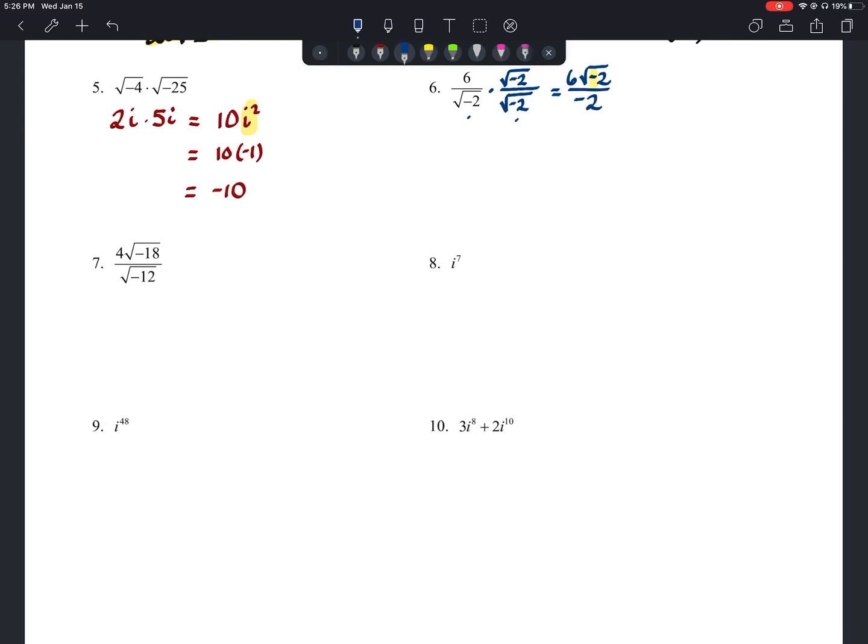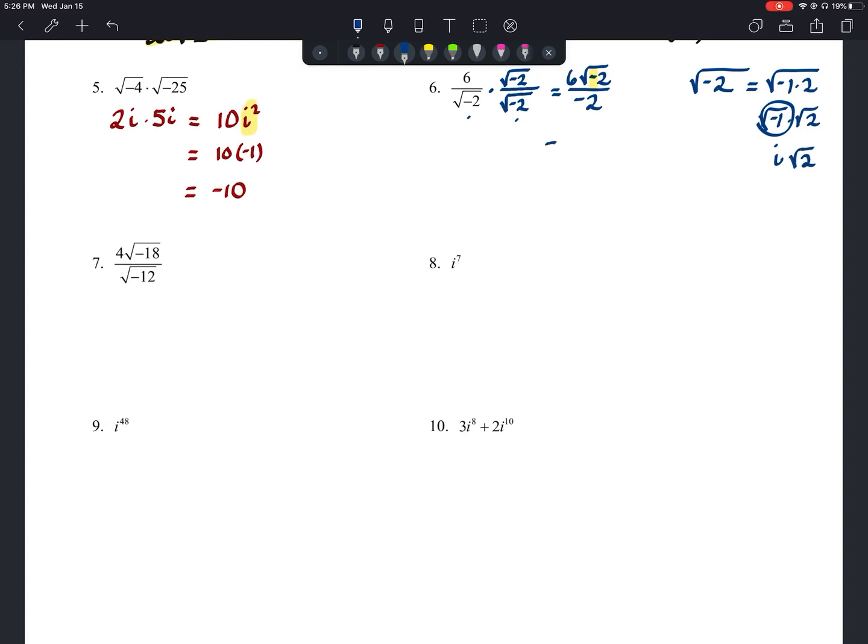Remember, the square root of -2 is like the square root of -1 times 2, or the square root of -1 times the square root of 2. In which case, the square root of -1 we know is i. So this is i times the square root of 2.